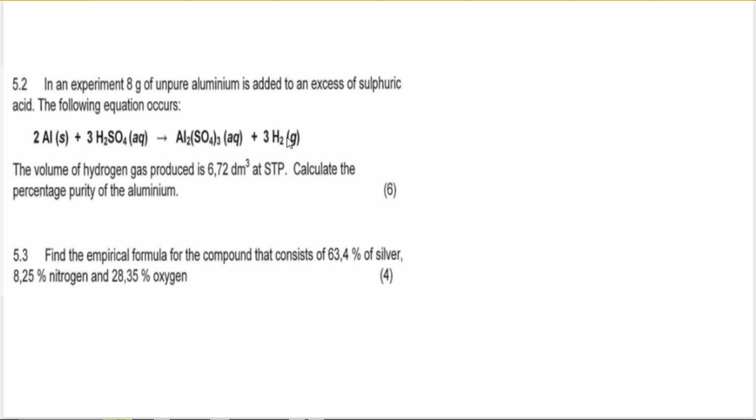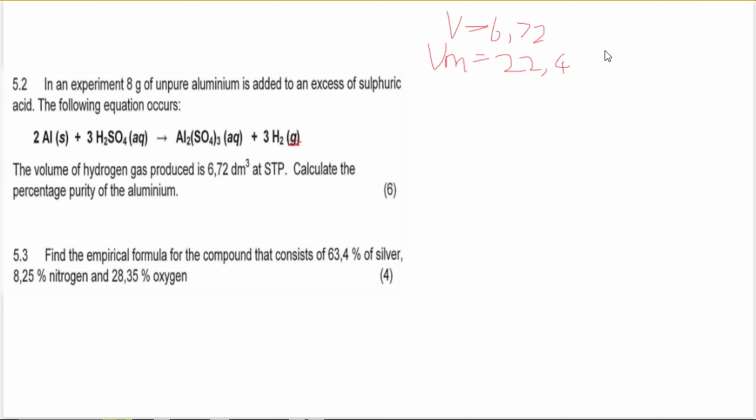It literally says hydrogen gas, and they give us the volume in cubic decimeters. We also have the molar volume. Remember, STP is a molar volume, and it is 22,4 cubic decimeters.